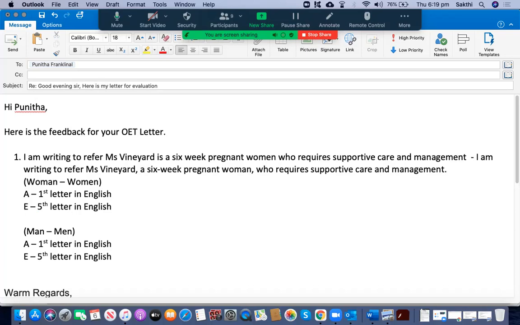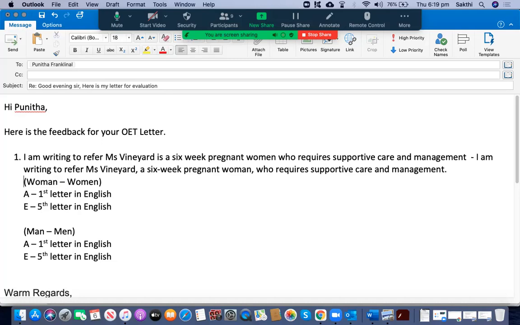Especially for the writing section, it is going to be assessed with more attention. So the examiner is going to look at your spelling, and then they're going to assess your words and everything. So if you commit many spelling mistakes, you are going to get a lower score. So that's really important.